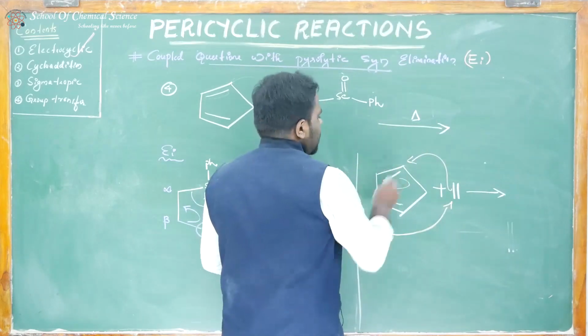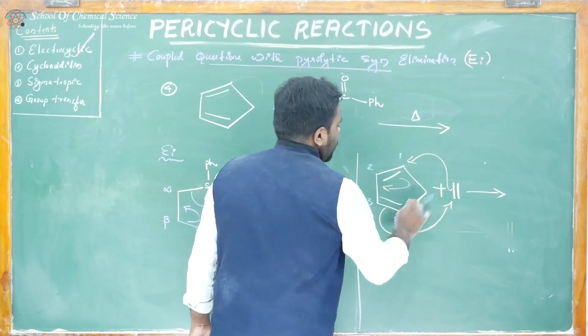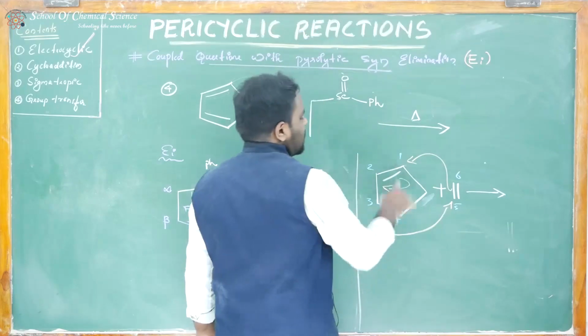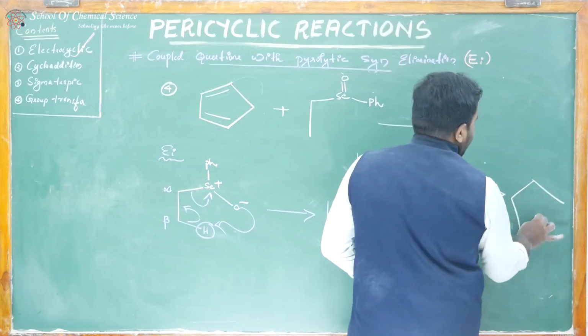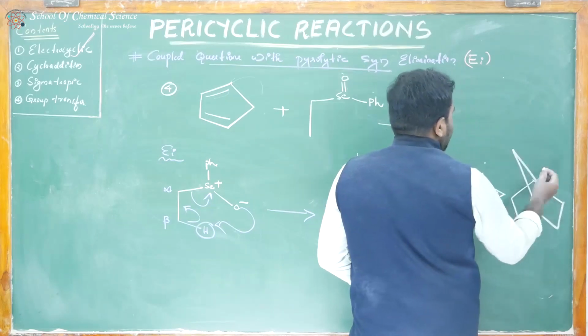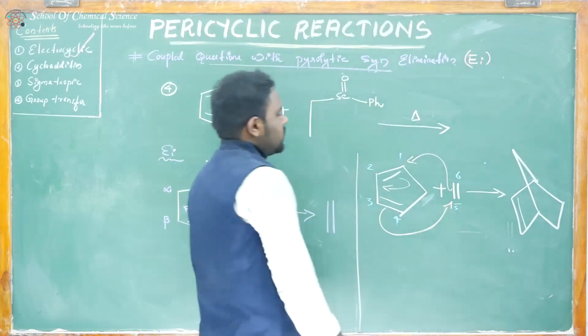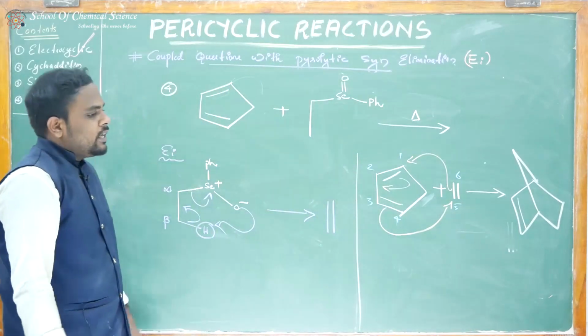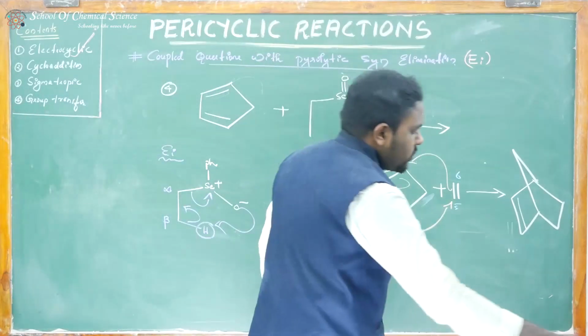You can give numbers. A 6-membered ring with a bridged carbon. This is the bridged carbon. Between 2 and 3 a pi bond is there, and that is your product. Then fifth question.